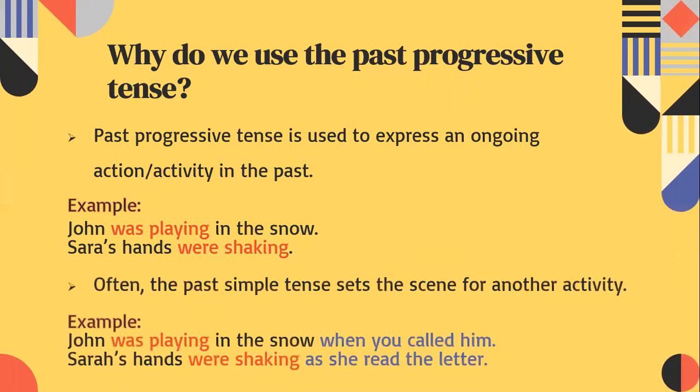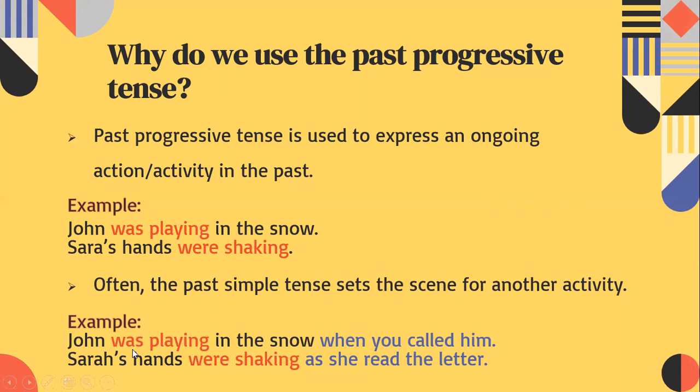So often the past simple tense sets the scene for another activity. What does that mean? So sometimes John, for example, was playing in the snow when you called him. Sometimes you would have an action that was taking place and another action that interrupts this action. And the main action that was going on or taking place would be written in the past progressive tense, while the other one would be written in the past simple tense.